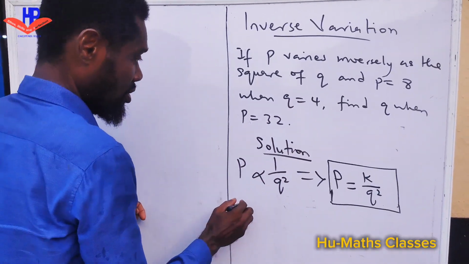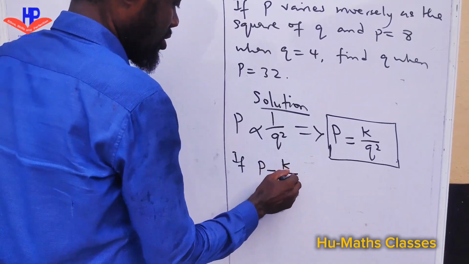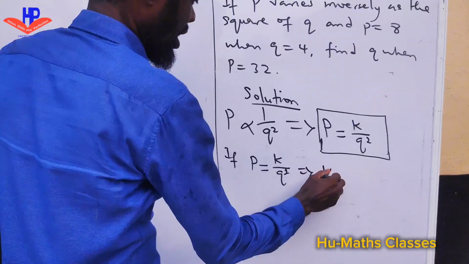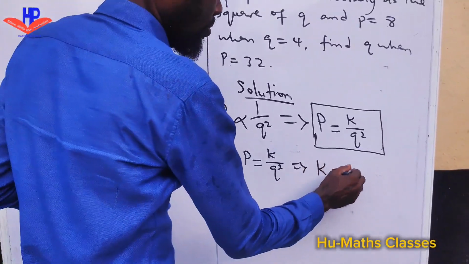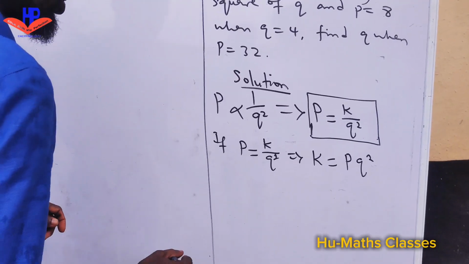So if P is equal to K over Q raised to power 2, then our K will simply be equal to P times Q squared.